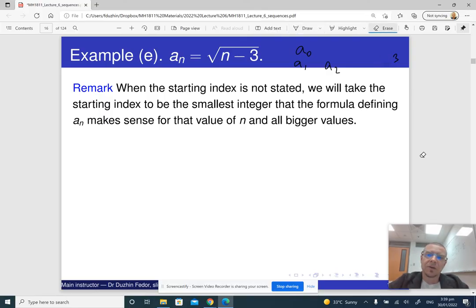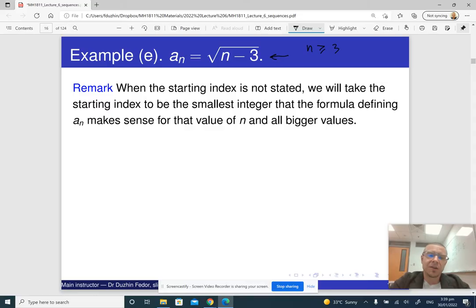So the convention is that if it is not specified, then it is going to start with the smallest integer for which the formula makes sense for that number and for all bigger values. We see that this formula is defined for all n bigger than or equal to 3, because then n minus 3 is going to be non-negative.